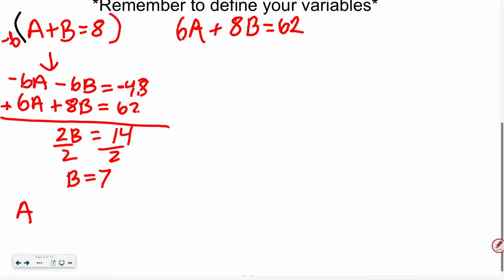So take the second equation and plug in 7 for B. It doesn't matter which equation. Alright, so in the second equation, instead of B, we plug in a 7. What do we have? 6A plus 8 times 7, which is 56.